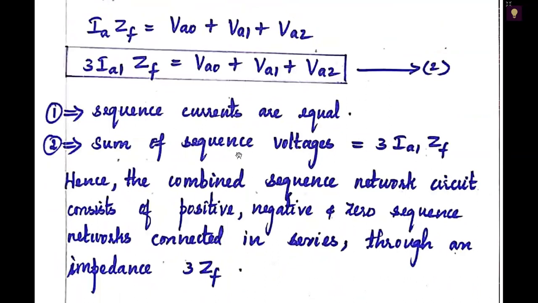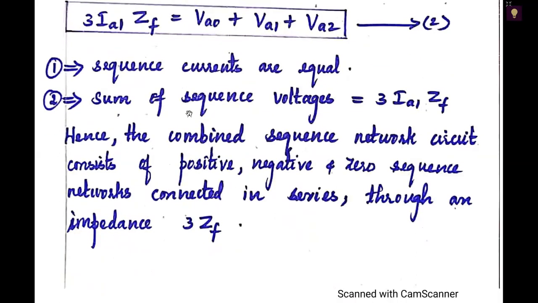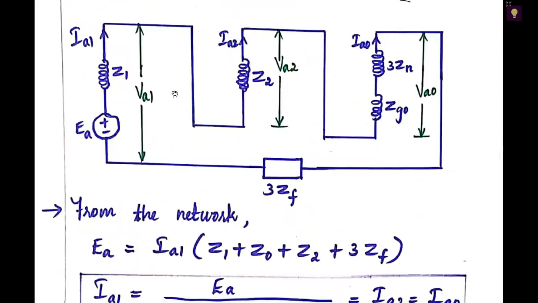So we can conclude that the combined network consists of positive, negative, and zero sequence networks connected in series through an impedance 3 ZF. This is the combined network: positive, negative, and zero sequence networks, all three connected in series through the series fault impedance 3ZF.